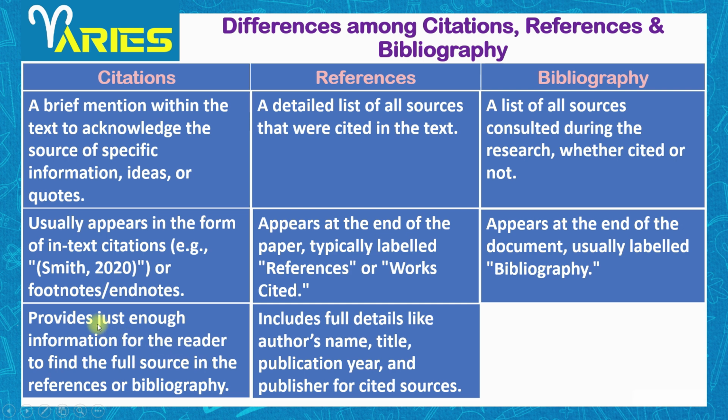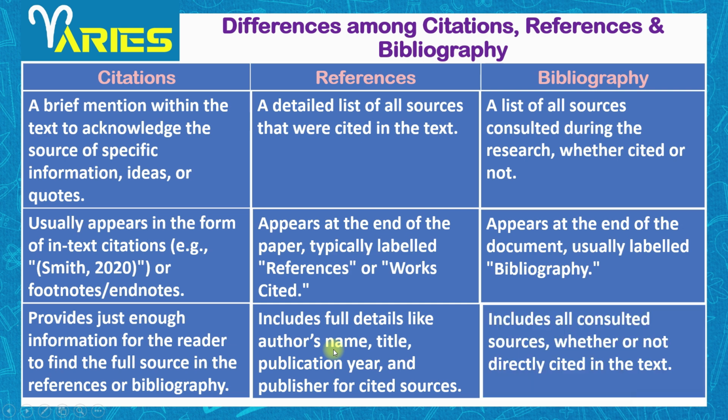So a citation is only the hint, whereas a reference is the full detail about the source that you have referred to. And a bibliography includes all the consulted sources, whether or not directly cited in the text. It is all those resources which are consulted, whether they are cited or not, and they will be included in the form of a bibliography.